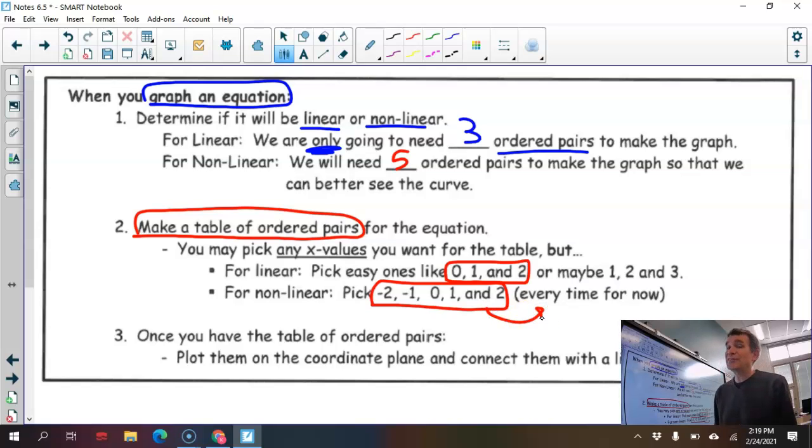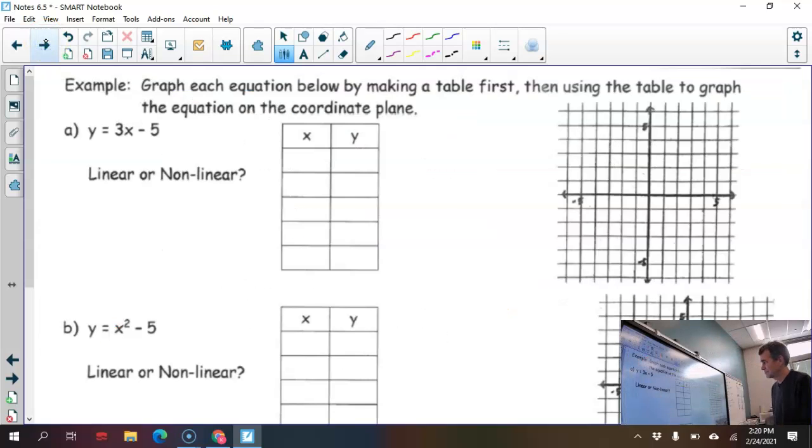All right, so step 2 is make a table. And then finally, step 3, once you have the table, plot them on a coordinate plane and connect them with a line or a curve. Let's do an example or 2 and we'll be done.